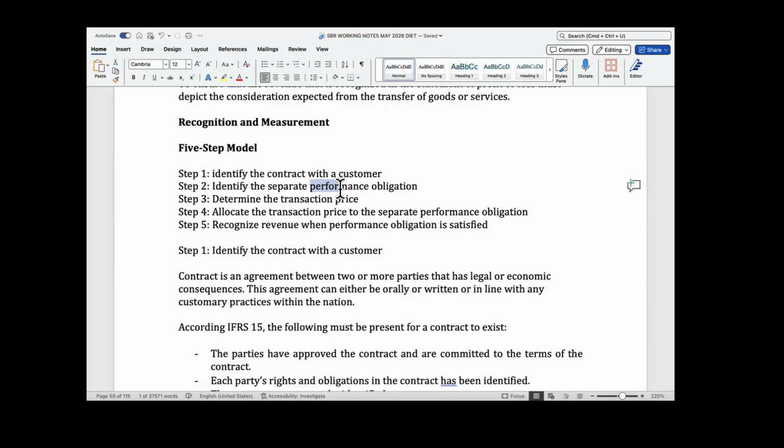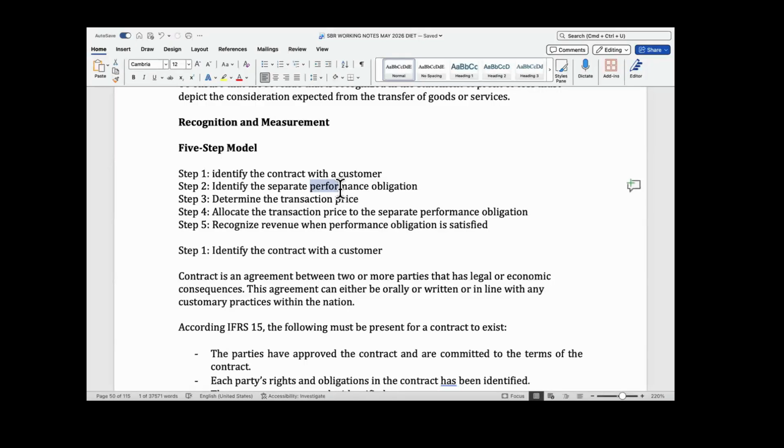So step 2 talks about your ability to identify separate performance obligations. This is particularly important for entities that render a bundle of goods or services. There are instances where you would render some services together, but by looking at them, they are separate. Those services you are bundling together are actually different services.